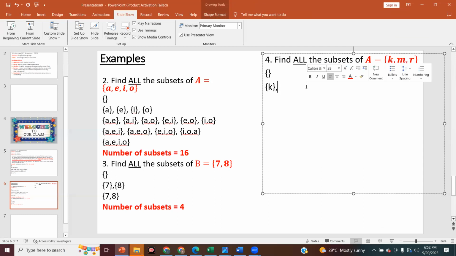So it's going to be K. What else? M. And then R. Okay. Good. And then what's going to be the other one?